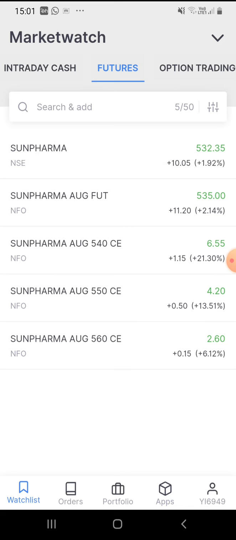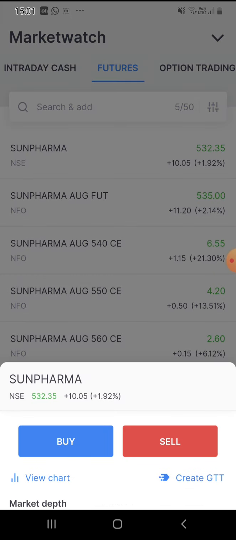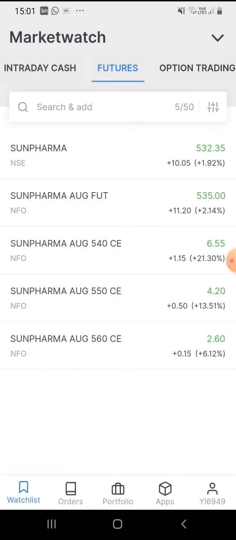What is the conclusion? If our calculation is correct, that we bought CE and the real value of the share increased, then that CE value will also increase. All the CE values will increase, but those strikes which are near to the real value will have the higher speed of increase. You can check that.